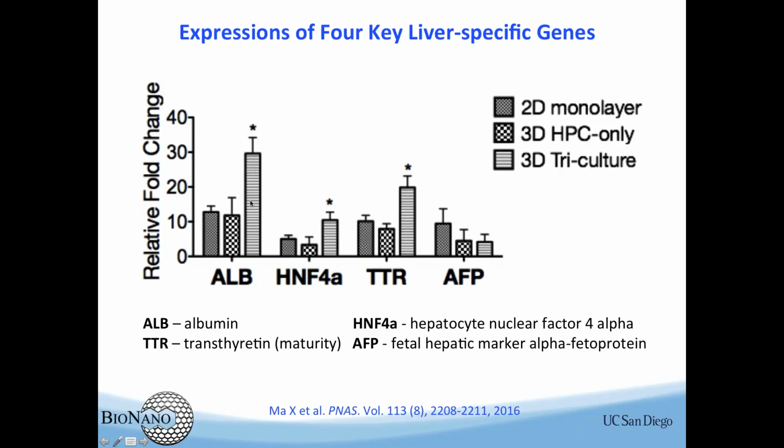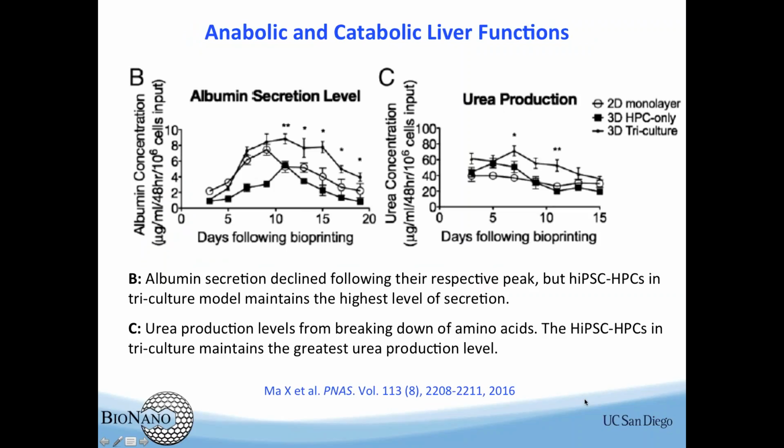The 3D triculture model has a much higher level of albumin, HNF4 alpha, and TTR. We do see this expression for AFP, a fetal hepatic marker, is not so significant, but you can still see the reduction of this specific gene.